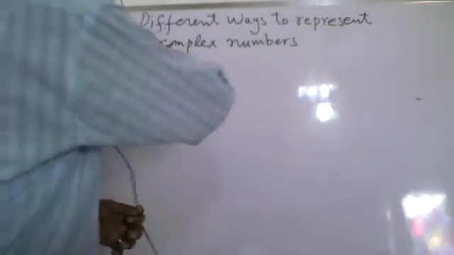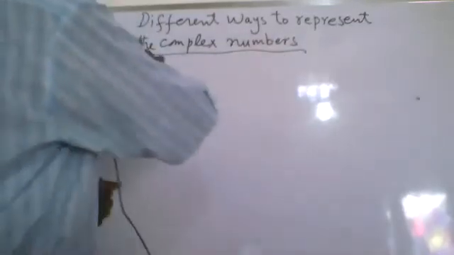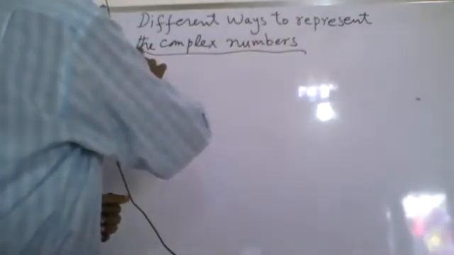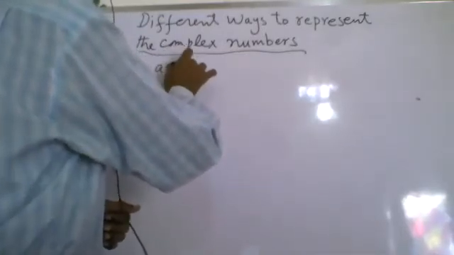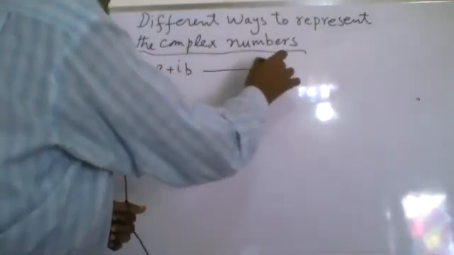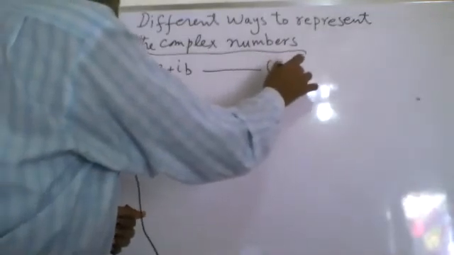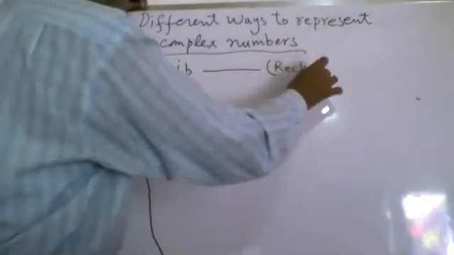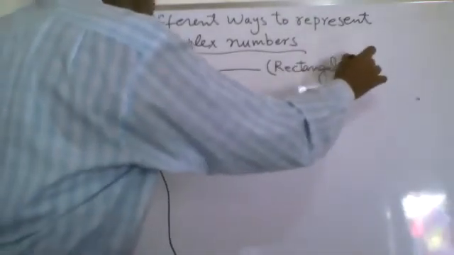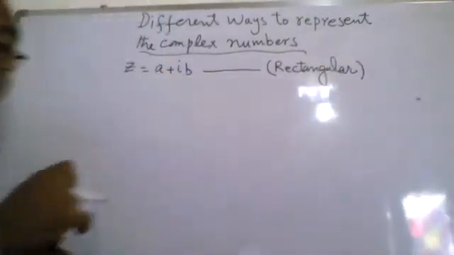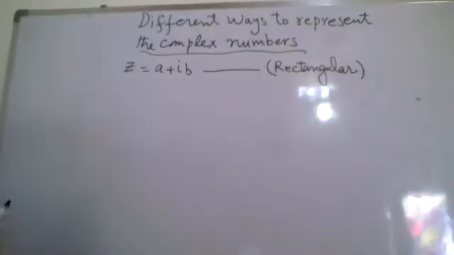This is z is equal to a plus iota b. This is called the rectangular form.